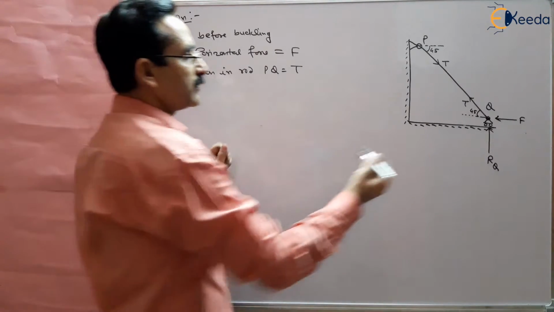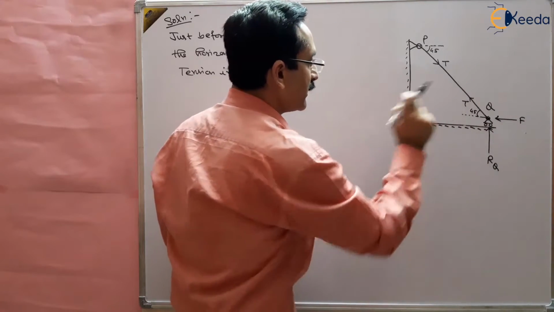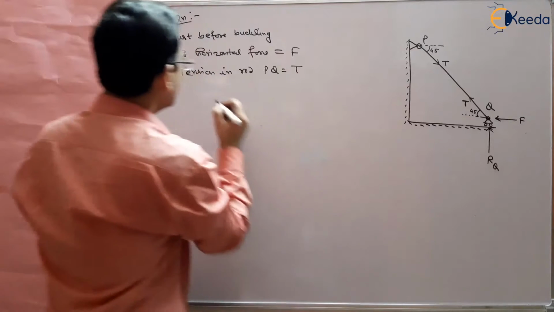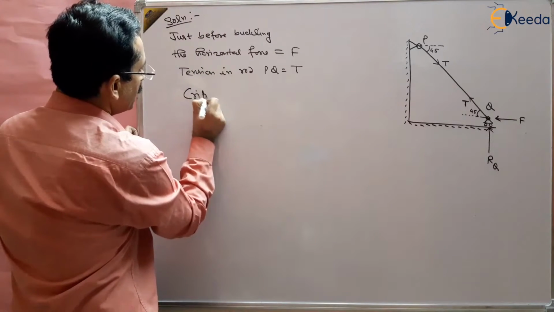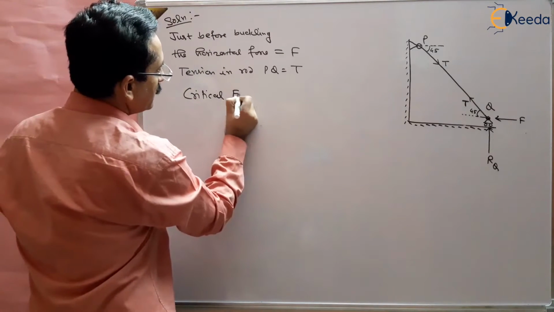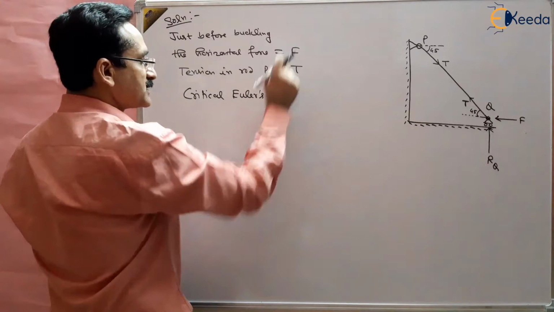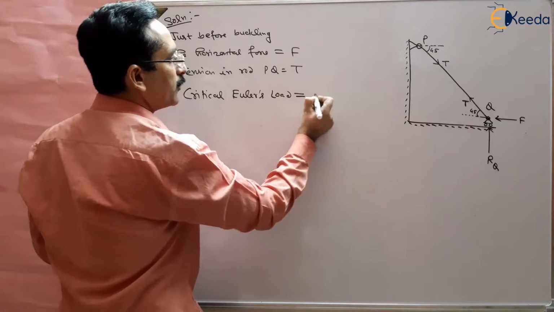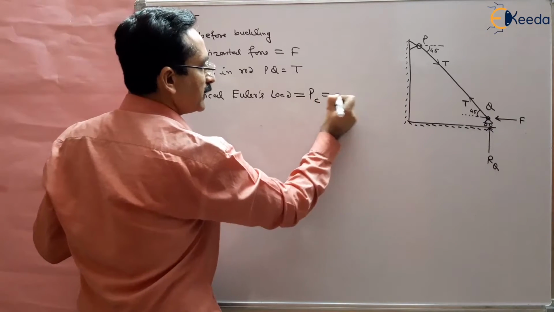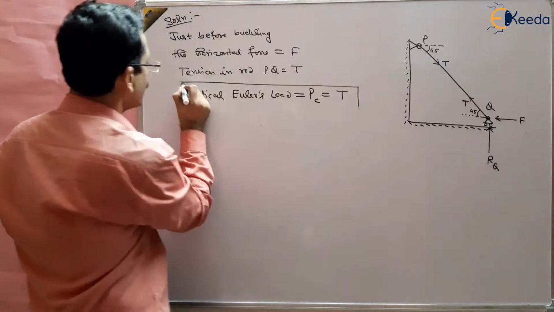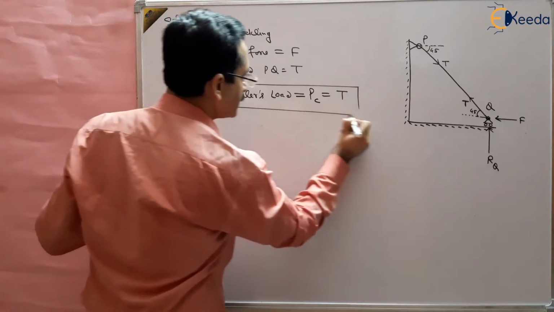This is the tension in the rod just before buckling, so that is the critical load in the direction of the column. So the critical Euler's load, PC, is equal to the tension T, because we are talking about the direction of the axis of the column.